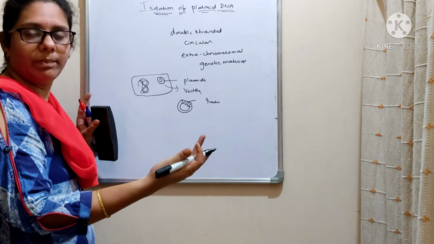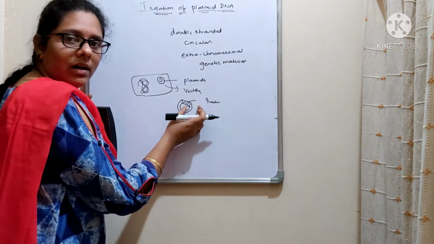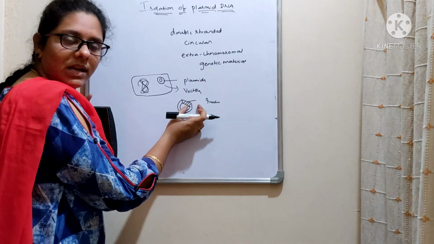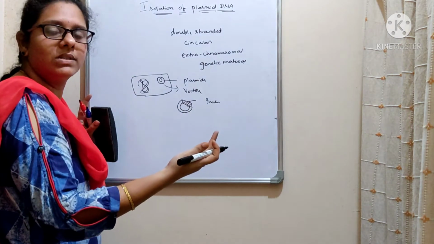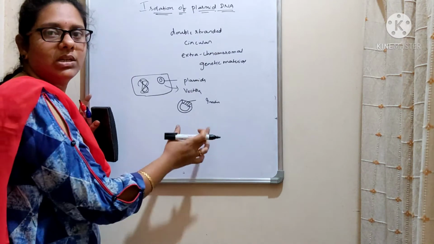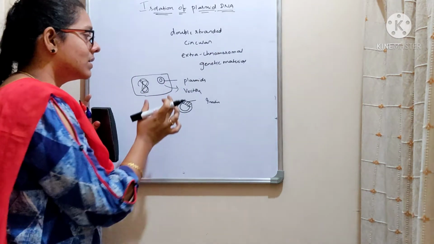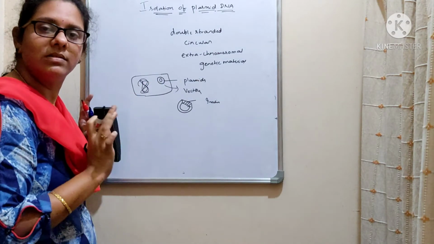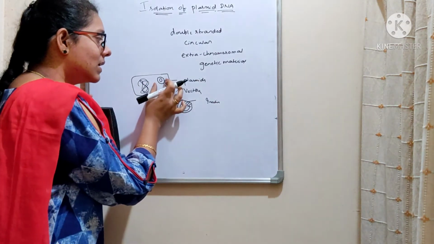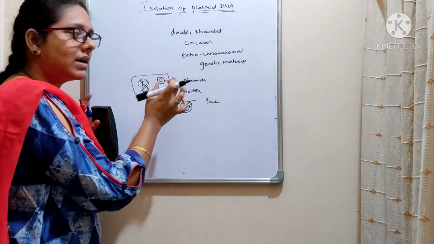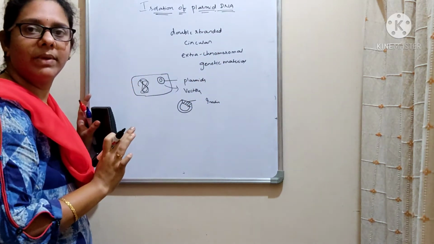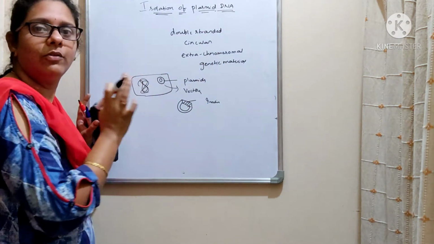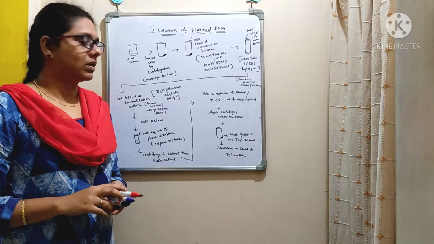They can undergo replication and they can replicate this inserted gene as well, which in turn gives multiple copies of the gene of interest. Simply we can say that these plasmids can be used as vectors in gene cloning, and these are the small circular double stranded extra chromosomal genetic materials that are present in the cell of a bacteria.